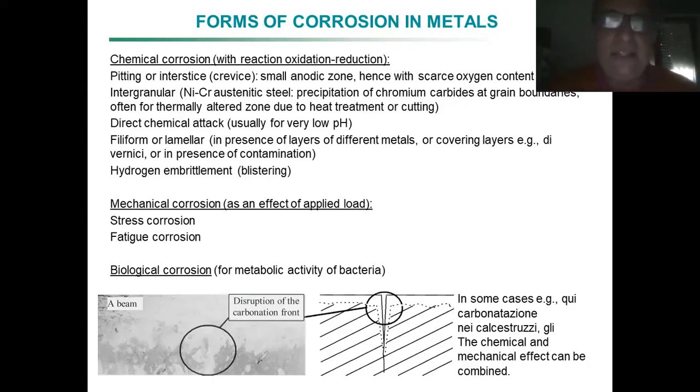Hydrogen embrittlement, although well known, is not obvious to explain from a physical point of view. There are theories which are more or less appropriate. I will expose something later on. Anyway, it is a serious problem.